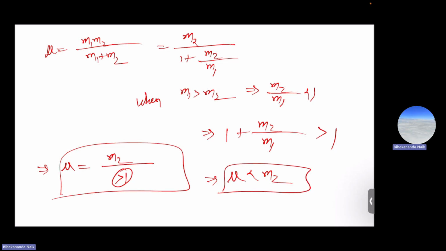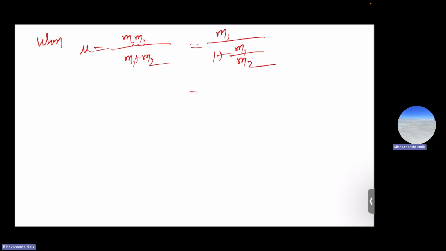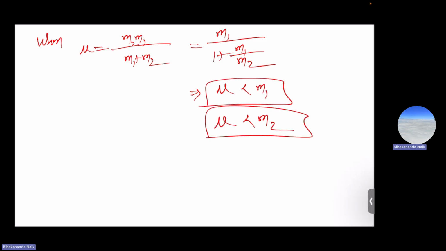Again, if we divide by m2 instead, it will be m1 divided by 1 plus m1 by m2. So in that case also mu is less than m1. So mu is less than m1 and mu is less than m2. So mu is less than both m1 and m2.